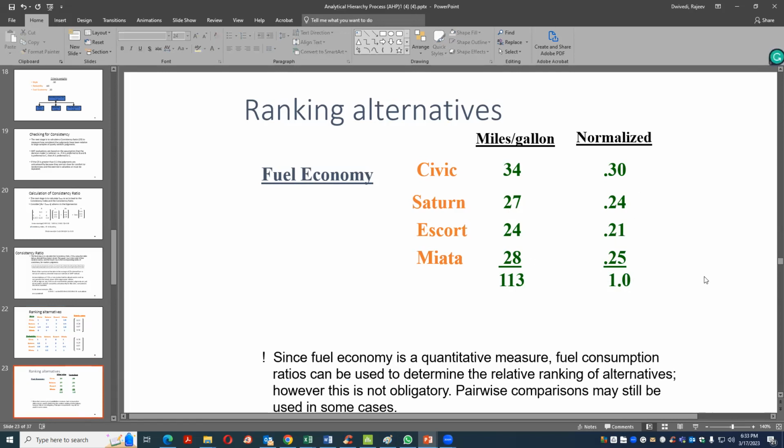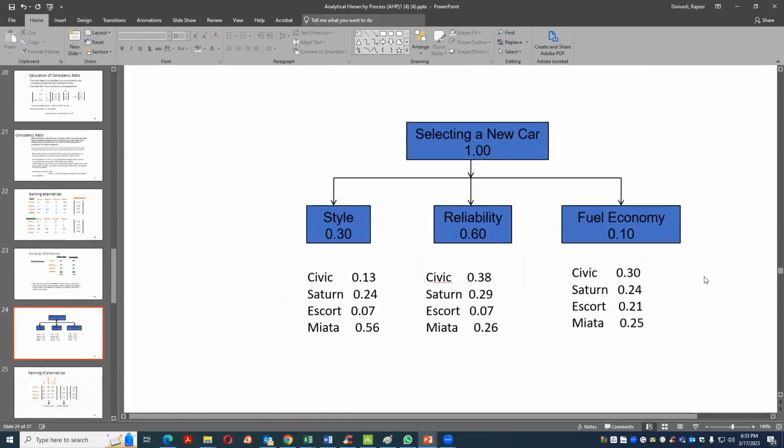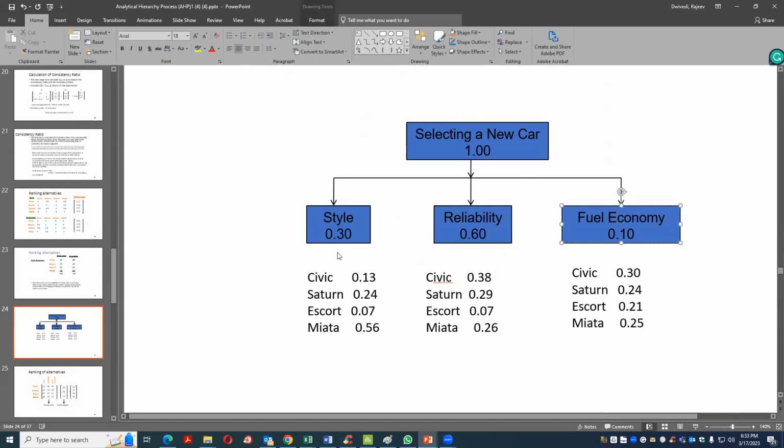So we normalized it, and now we have the final result in order to compare and calculate which one is going to be our best car based on the multi-criteria decision. So here: selecting a new car, style, reliability, fuel economy. In style, Civic is 13%, Saturn is 24%, Escort is 0.07, Miata is 0.6, then reliability, fuel economy.